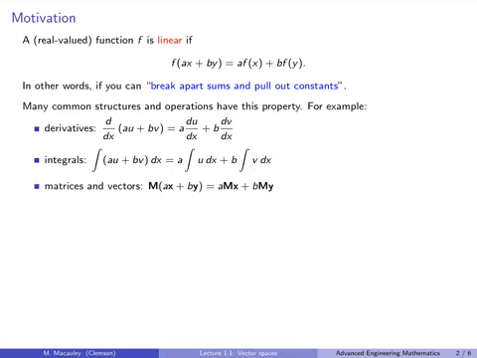Matrices and vectors have this property. A matrix M times ax plus by is equal to a times Mx plus b times My. Some of you already know this, but the reason why is that if M is m by n, then it secretly represents a linear function from Rn to Rm.